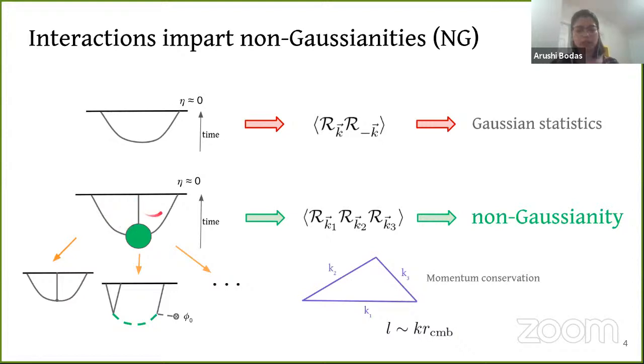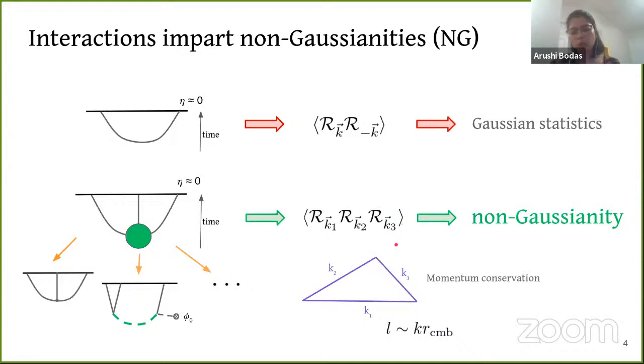Here I'm showing one way to get a 3-point function. This will impart higher n-point functions, more specifically 3-point functions or correlation functions, which leads to non-Gaussianity in the statistics. Of course, I'll be mostly using the 3-point correlation functions in Fourier space, which is easier to work with.